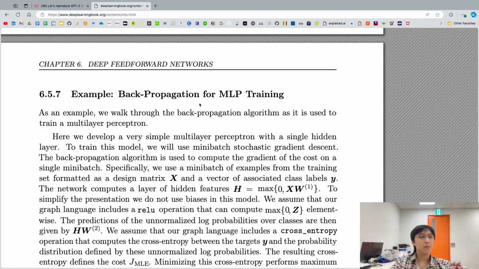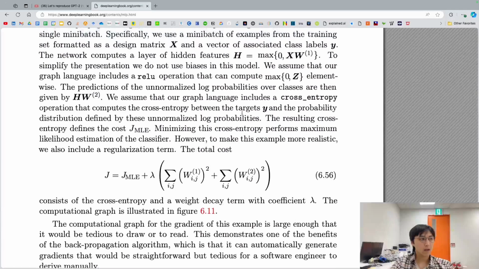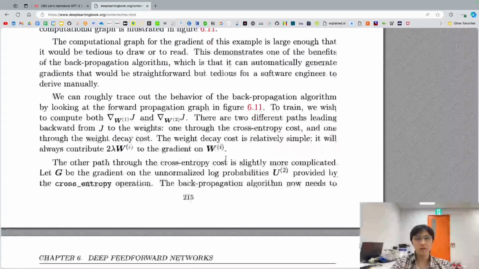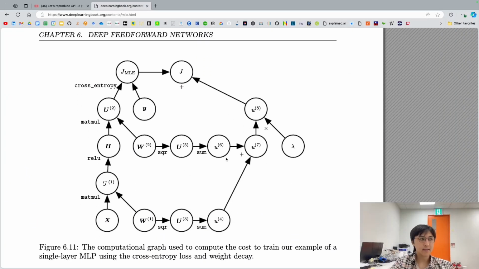So let's apply backpropagation to the multi-layer perceptron. Assume we have a cost function of the network, plus we have some regularization. If we represent this model as a graph, we receive this x and we have this weight.